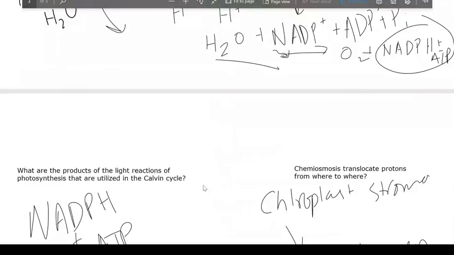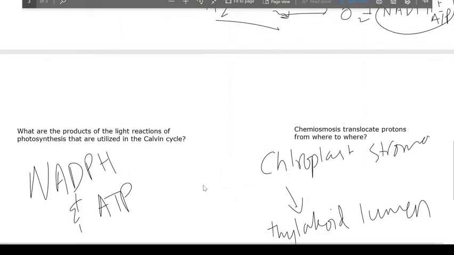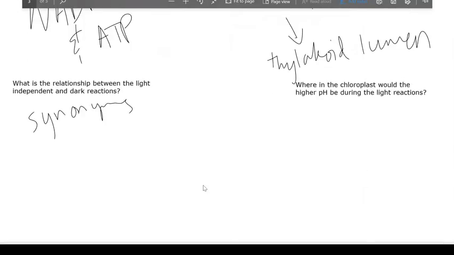Since pH is equal to the negative log of the concentration of H+ ions, that would mean there's a higher pH in the area with a smaller concentration of H+. And that also means that the stroma of the chloroplast would have a higher pH than the thylakoid lumen. So whenever you have more H+, you're going to have a lower pH because of this negative sign.